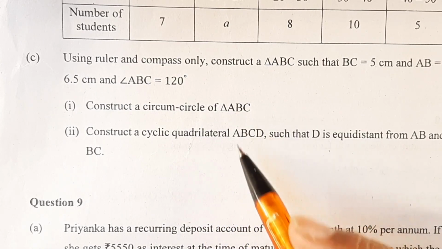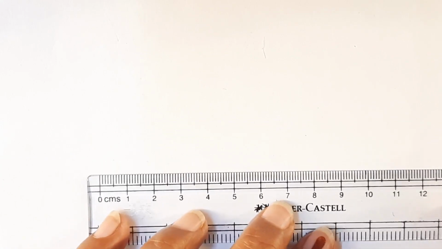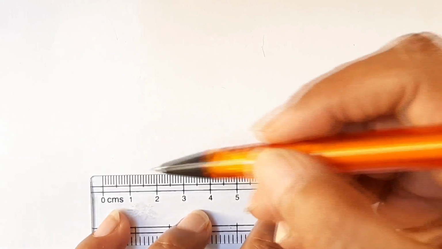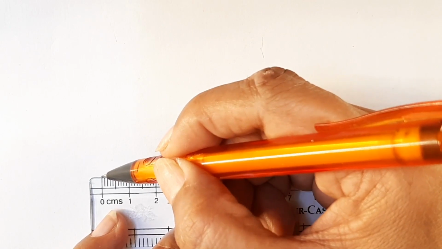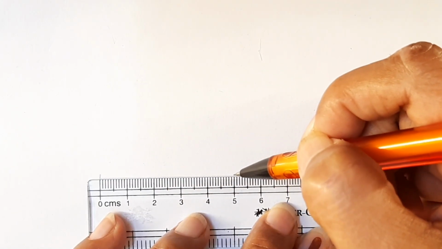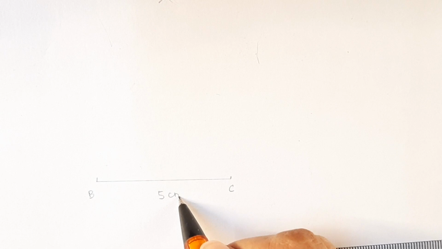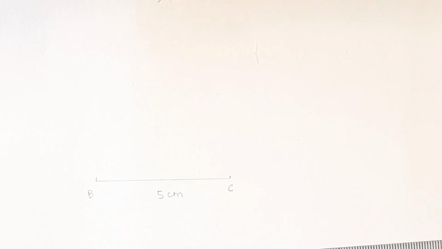Okay, so let us see how we do this. So we start off by drawing BC. BC is 5 centimeter. And now we have to construct angle ABC as 120.